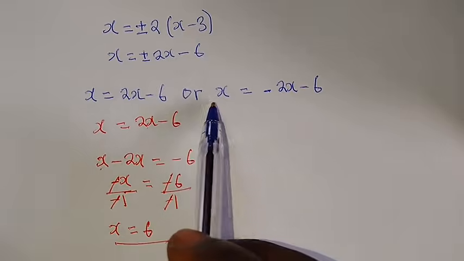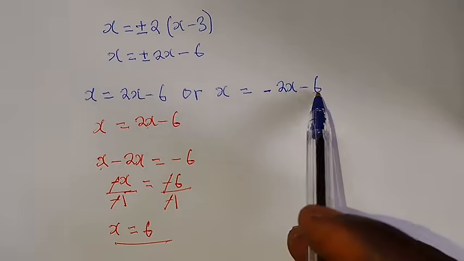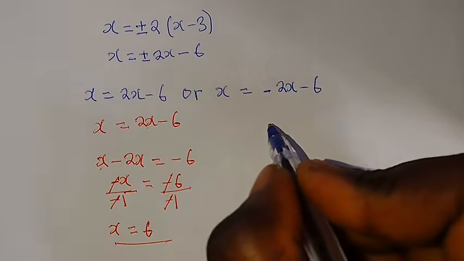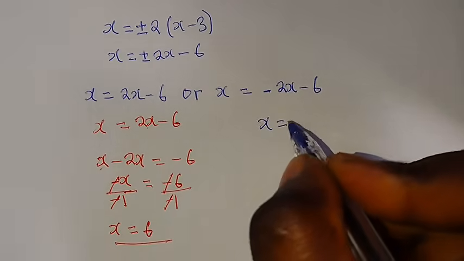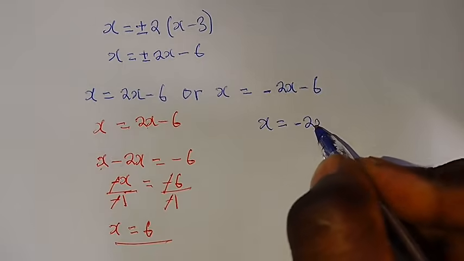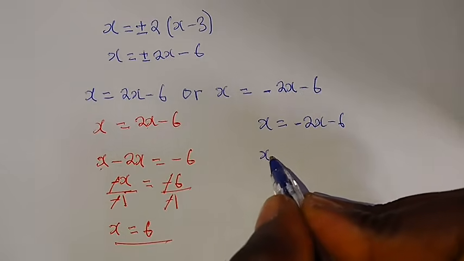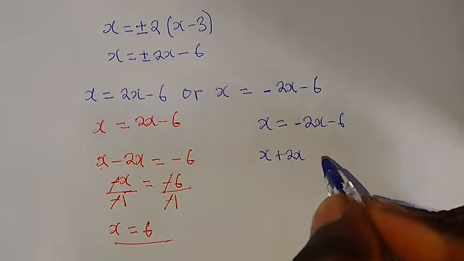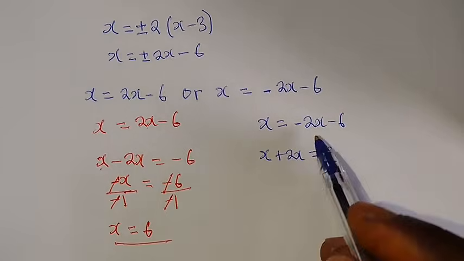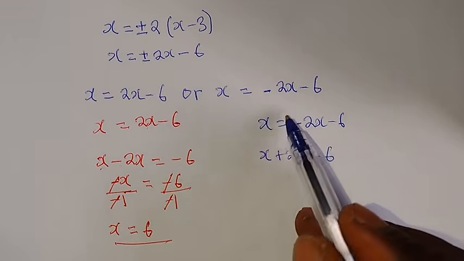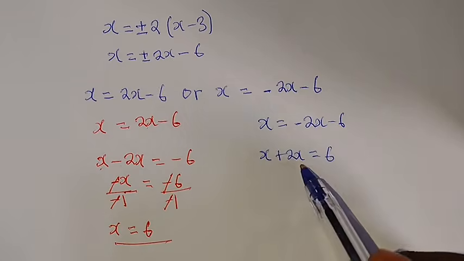Now here we have x equal to negative 2x minus 6. We solve for this one as well, where we say x equal to negative 2x minus 6. We collect the like terms, where we have x plus 2x is equal to negative 6. The negative 2x, when it moves across to the side with x, becomes a positive 2x.